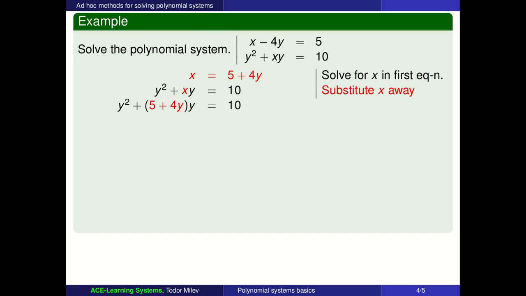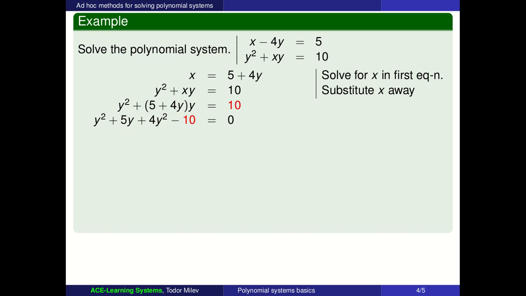solve this final equation. Okay, so first let us distribute 5 plus 4y, the whole thing times y, equals 5y plus 4y squared. We can also transfer 10 from the right hand side to the left hand side.